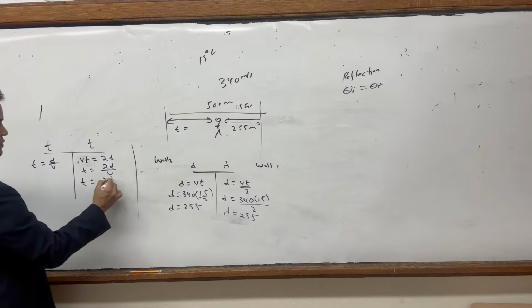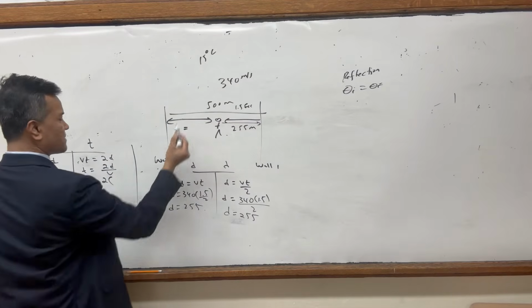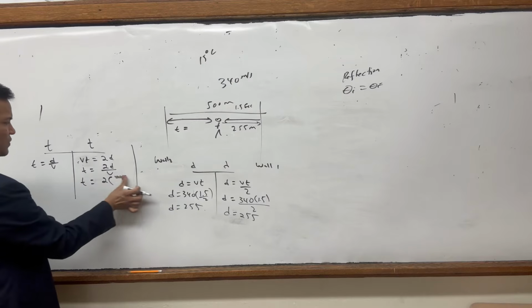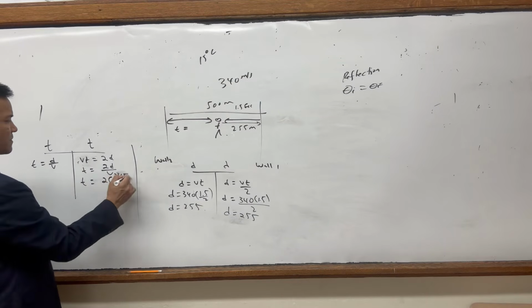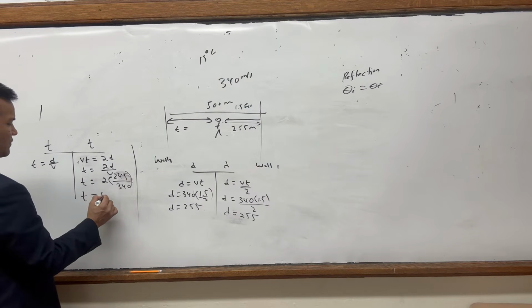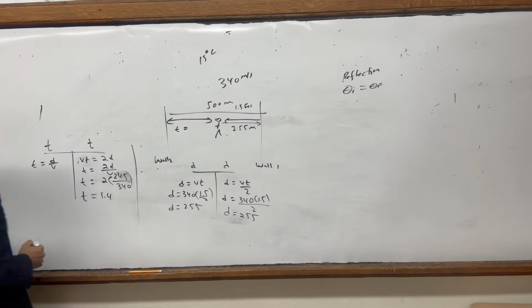So t is 2d. If this is 255, this must be 245 and velocity is 340, so t is 1.44, 1.4. I don't know, let me see.